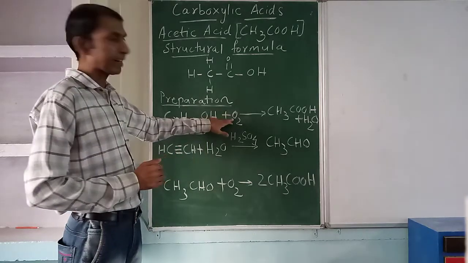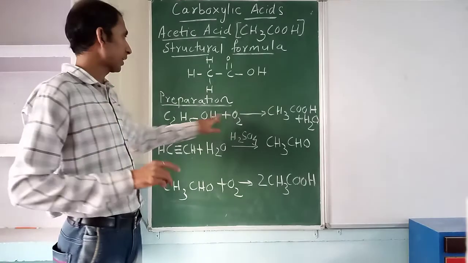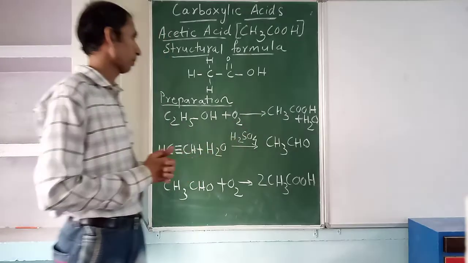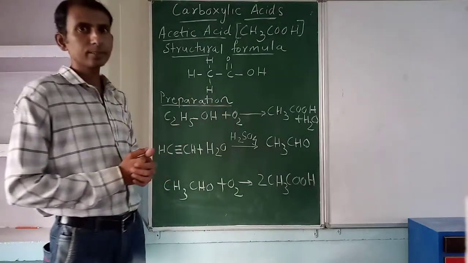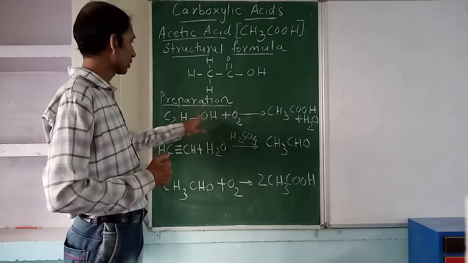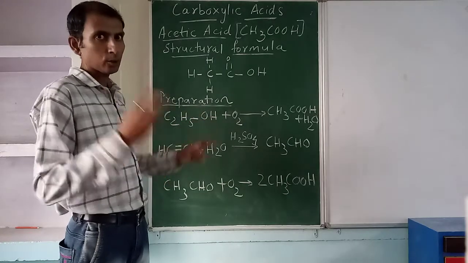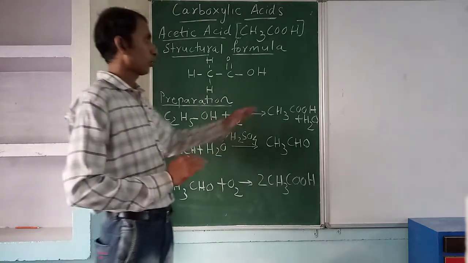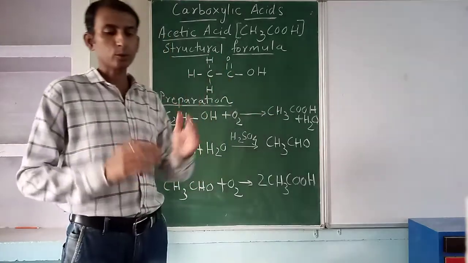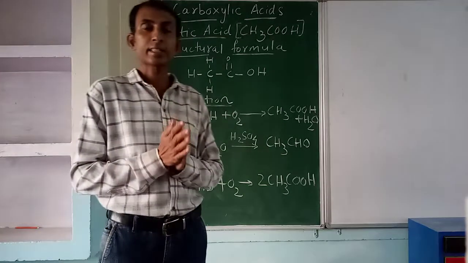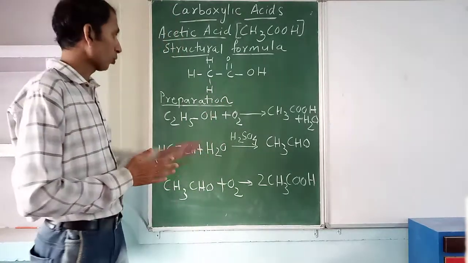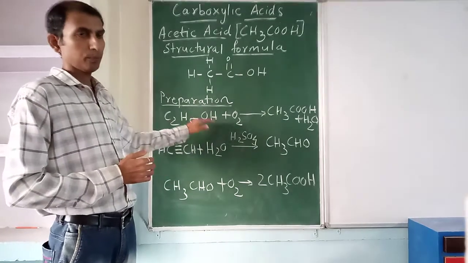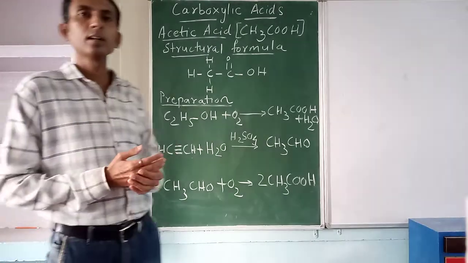Only one O will get added to this molecule, and it will give you CH3COOH. And the one O which is remaining, and two hydrogens from this molecule, will form water. So you have got acetic acid. This way we prepare acetic acid from an alcohol. You know this is alcohol because it contains the OH group, and already we have completed the chapter alcohols.